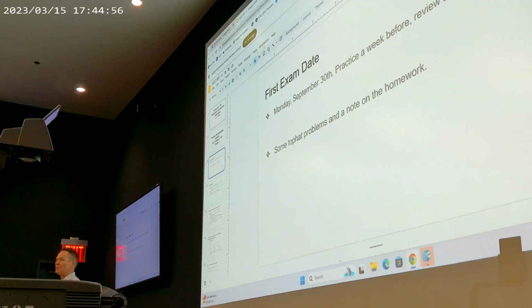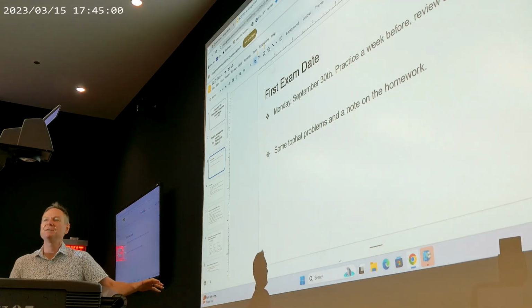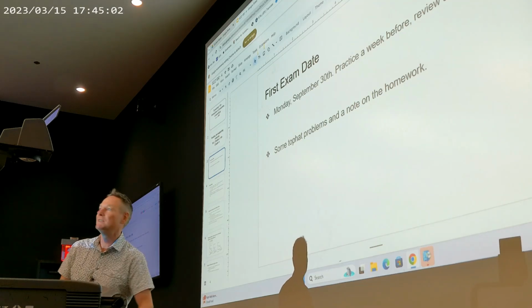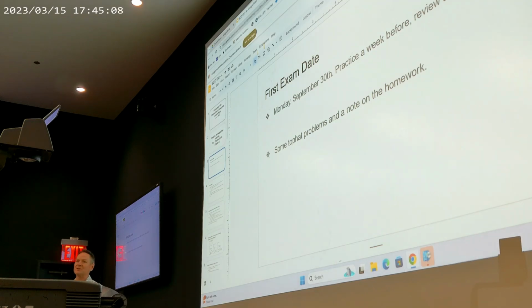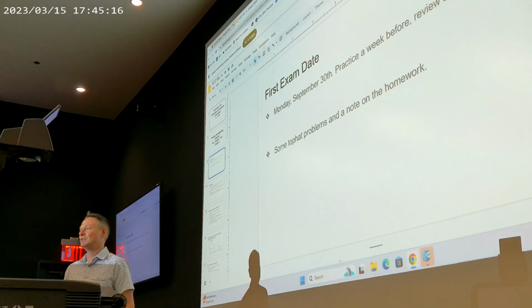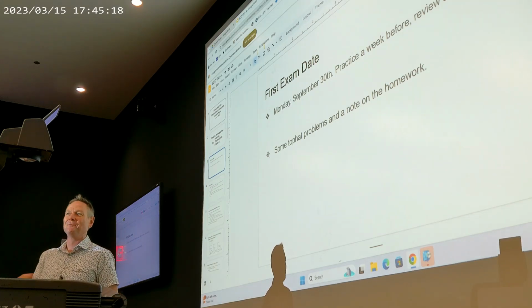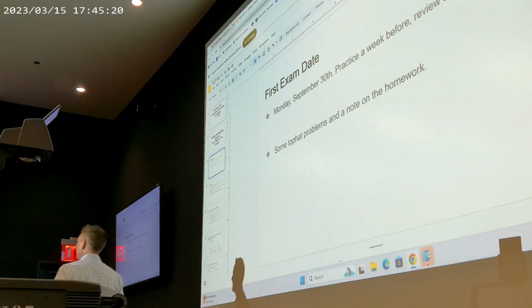I make the 2 exams in parallel. So the idea is to remove any uncertainty that you might have about what the exam will look like, how long it will be, content, and so on, right? Because in my experience, a lot of you are first-year students, and there's a lot of uncertainty just about mechanics. What do the questions look like?